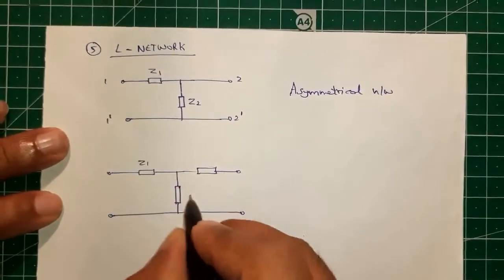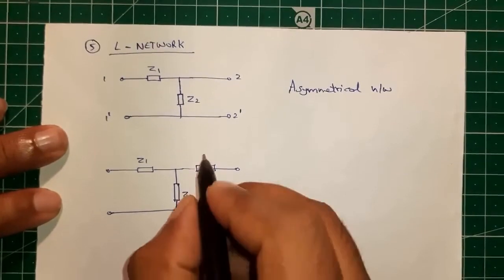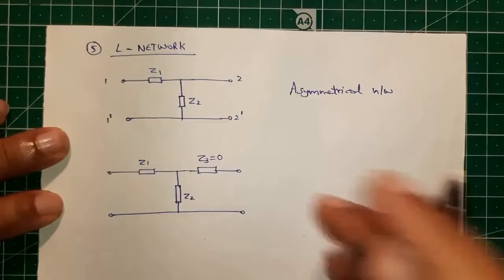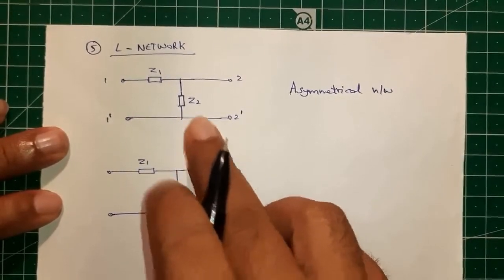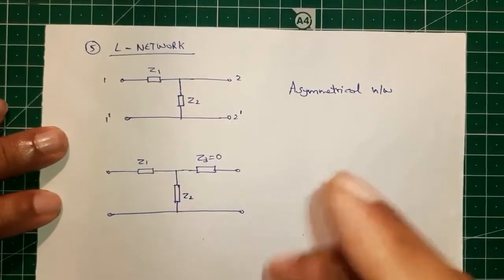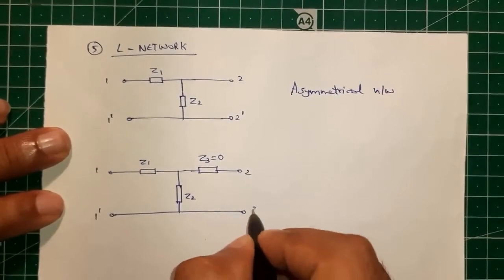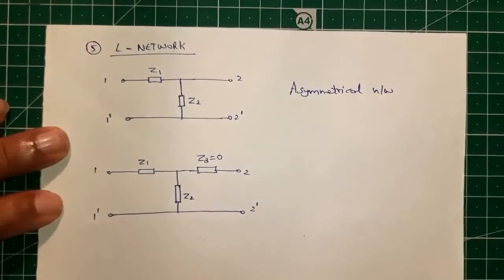This is Z1, Z2, and when Z3 is equal to 0, then this will disappear and it will become like that: an L network, a special case of a T network.